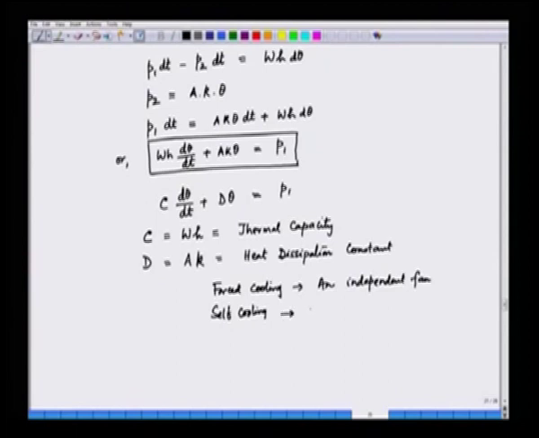by a fan mounted on the rotor shaft. Now, the first one, which is an independent fan, is speed independent. The second one, which is self cooling, is speed dependent.